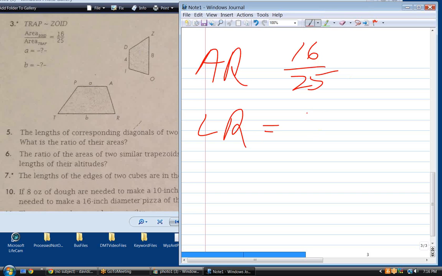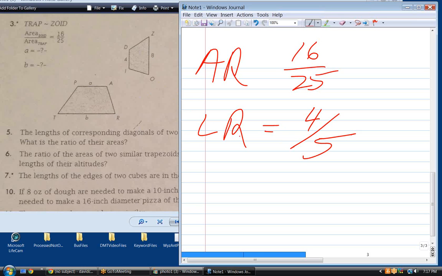Um, 4 to 5. So if my small one has a base of 4 and 8, what does my big one have? I don't know.